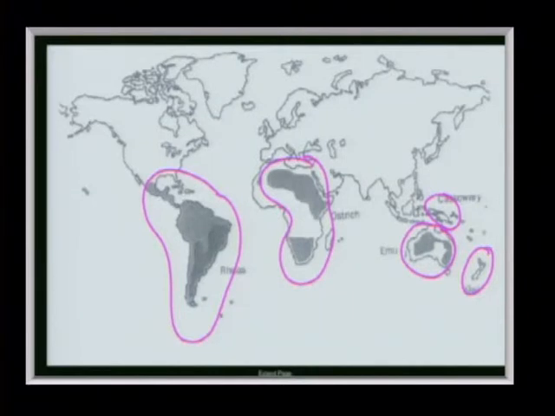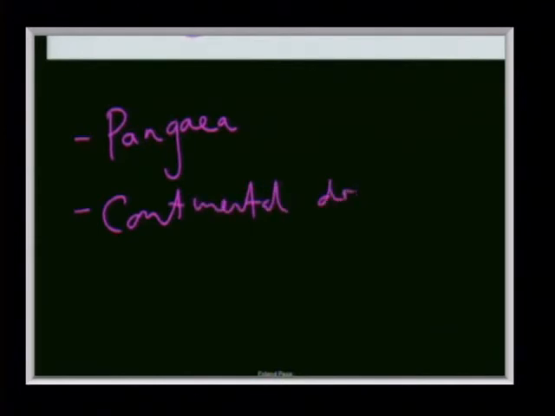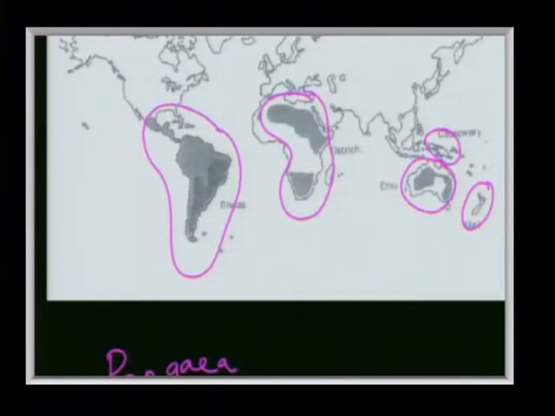So the question asks, why this distribution? The idea here is, of course, that first of all we started off with a common supercontinent, Pangaea, and then we had continental drift, which separated these continents from each other.